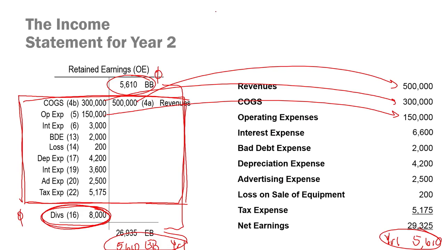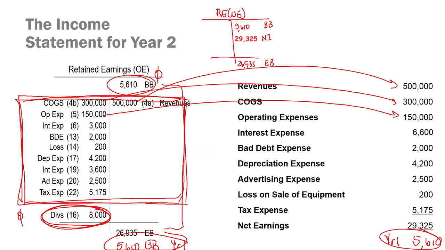Now, just for a reminder, in retained earnings, we have a beginning balance of $5,610 and an ending balance of $26,935. We add net income or net earnings into the retained earnings T account. And I think you probably see that what we've been doing is exactly that, because what's in the box is our income statement. And then we take our dividends here, and they're on the left-hand side.